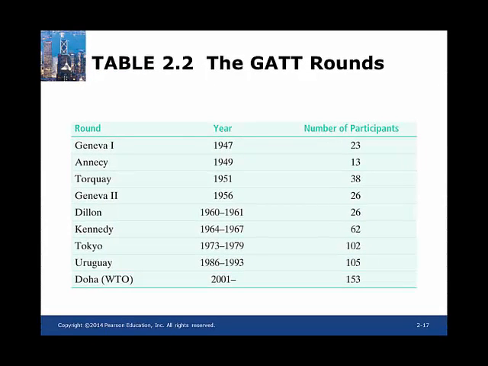This table shows the 9 rounds of GATT, which met in different years with different numbers of participants. You can see the last round, known as Doha, WTO, in 2001, had 153 participants.